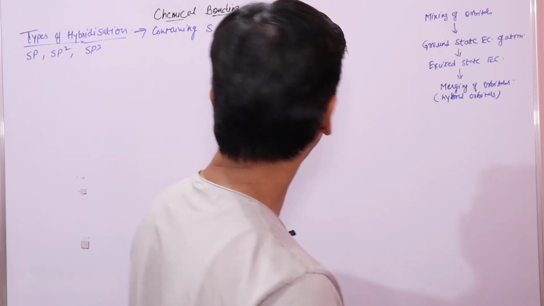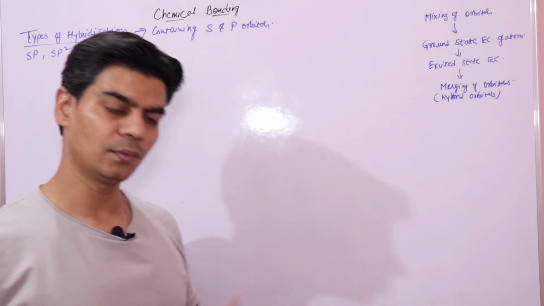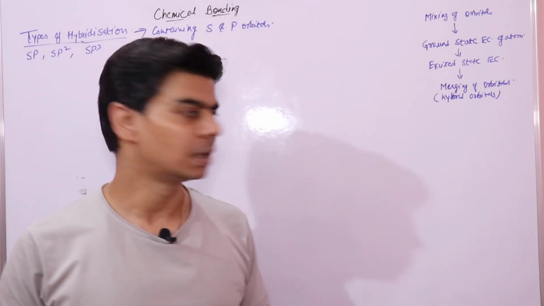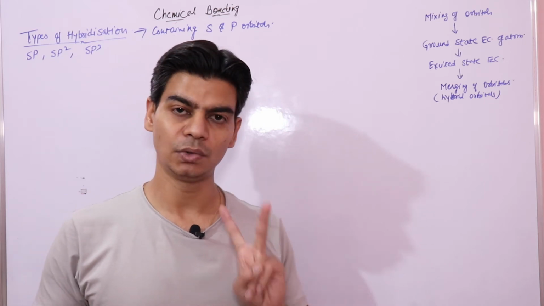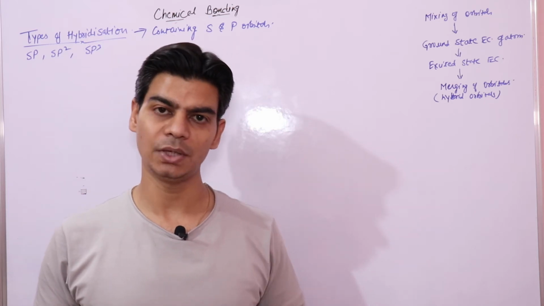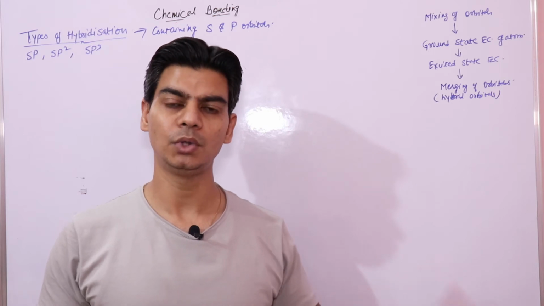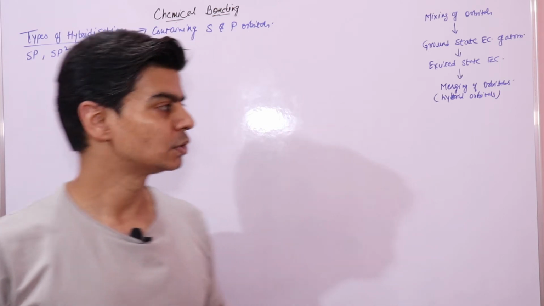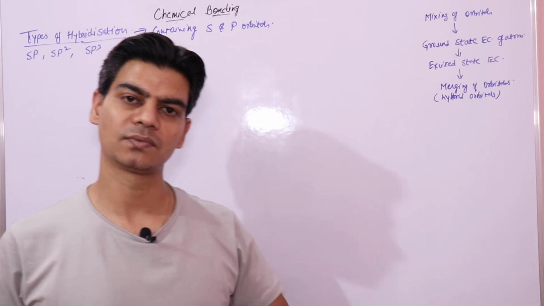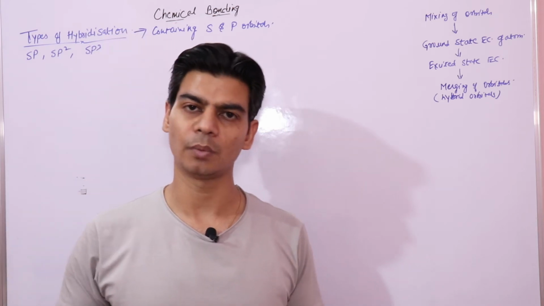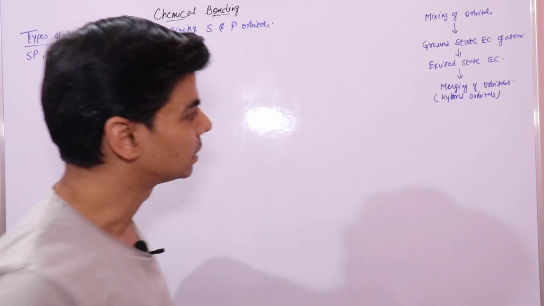For example, if one s and one p orbital mix and merge, then since two atomic orbitals, s and p, merged, they will form two hybrid orbitals. So the number of hybrid orbitals formed is equal to the number of atomic orbitals that have undergone merging.